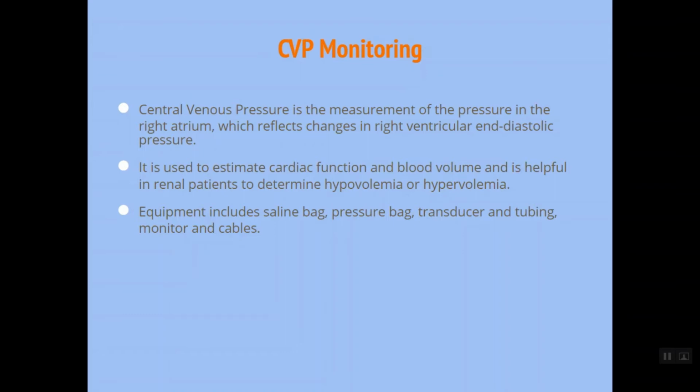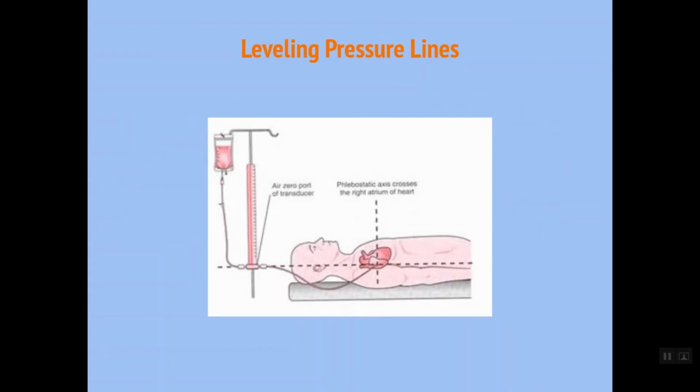When we are measuring CVP, we want to make sure that our pressure transducer is zeroed at the phlebostatic axis. This is going to be at the level of the heart, and this should be mid-axillary and fourth intercostal space.